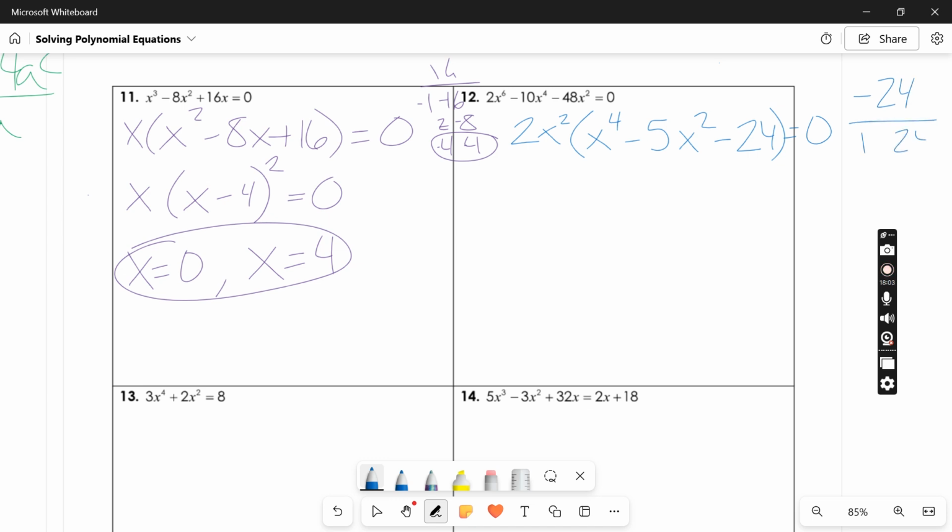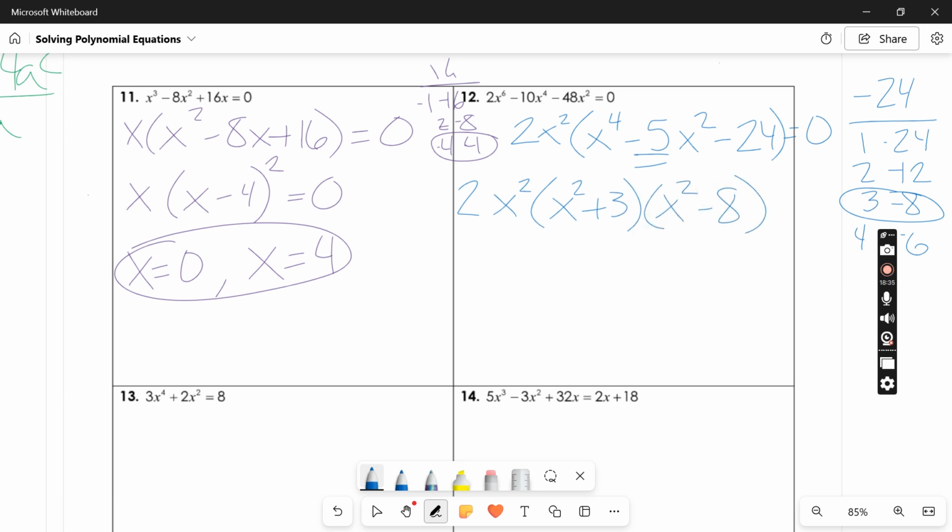So 1 and 24, 2 and 12, 3 and 8, and then 4 and 6. And if I look at my chart, it tells me the bigger number should be negative. These two, the +3 and the -8, add up to that -5 for me. So I'm going to write this as 2x squared. Since this is x to the 4th, this will be x squared plus 3 and x squared minus 8.